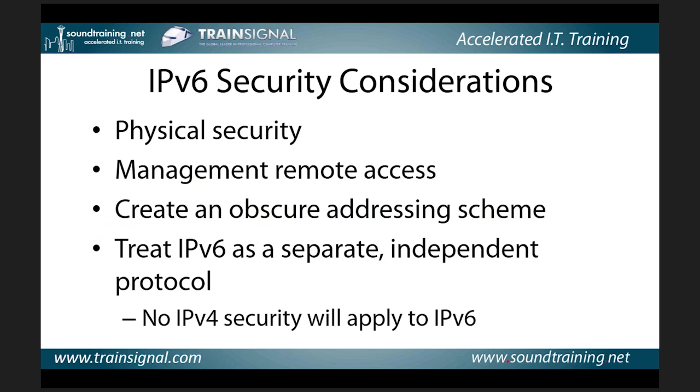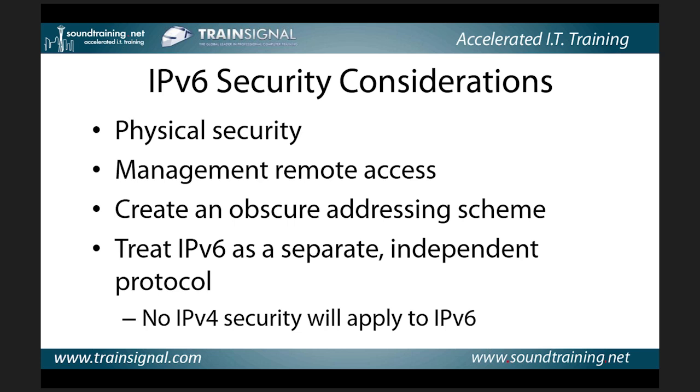Couple of things as we get close to wrapping up. IPv6 security considerations. Physical security, same thing as with any other network security. You have to start with physical security. IPv6 doesn't really address that, as you would imagine. It's a layer 3 protocol, but certainly you have to start with physical security.